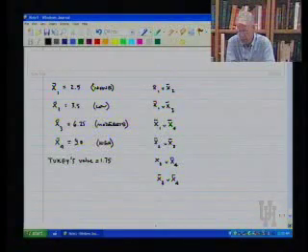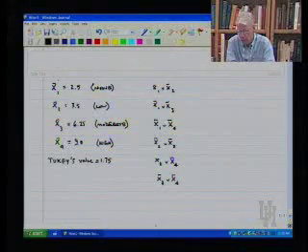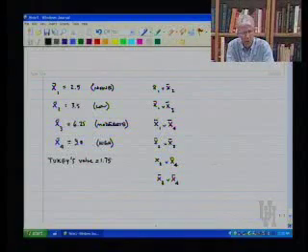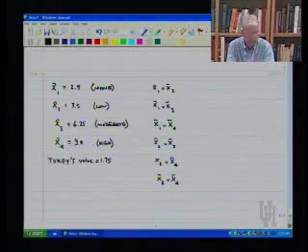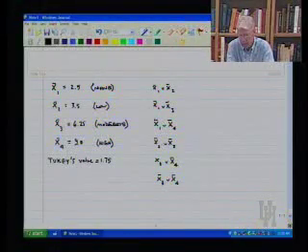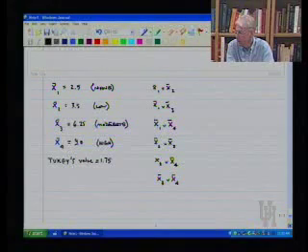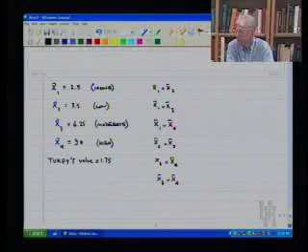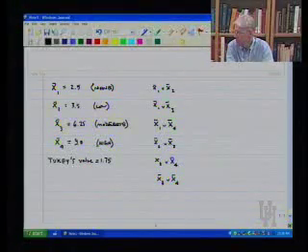One group, group 1, watched, let's say, 15 minutes of content in which there was no violence. A second group watched 15 minutes of content that included low levels of violence. A third watched 15 minutes of content in which there were moderate levels of violence. And the fourth group watched 15 minutes of content in which there was a high level of violence.